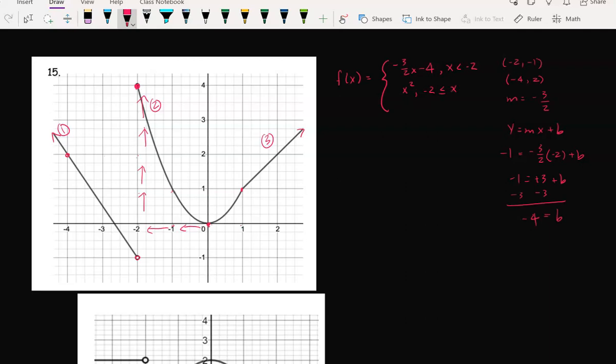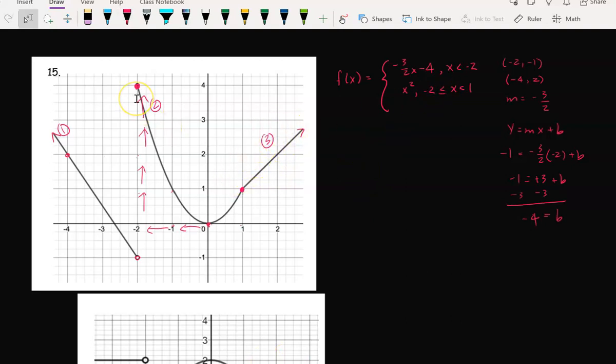X is greater than or equal to -2, right? X is greater than or equal to -2, and it's less than 1. Now, this is a shared point by this linear function, so you could make it equal into one of them. Okay, so since I put the equal sign here, I'll give it to this linear function right here.